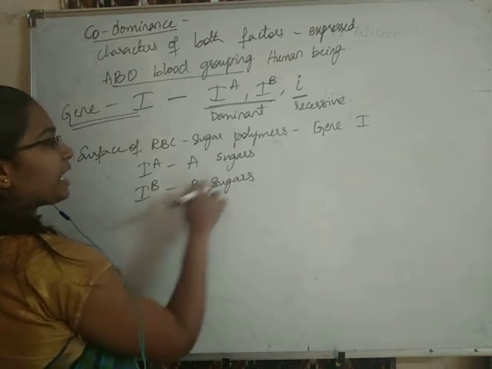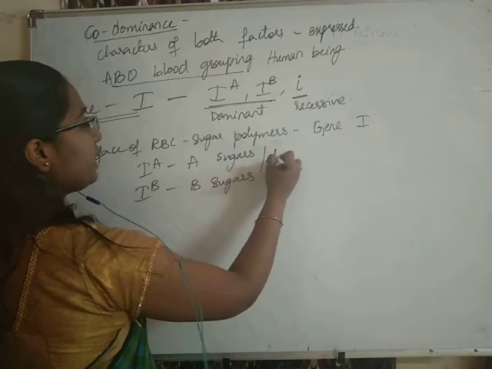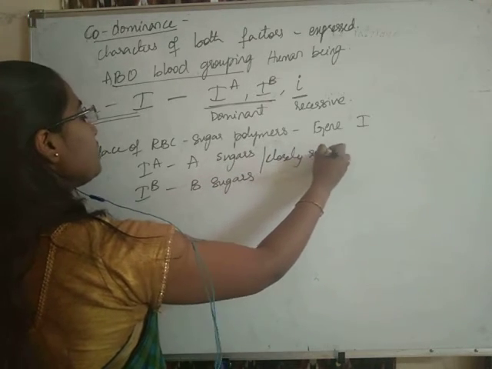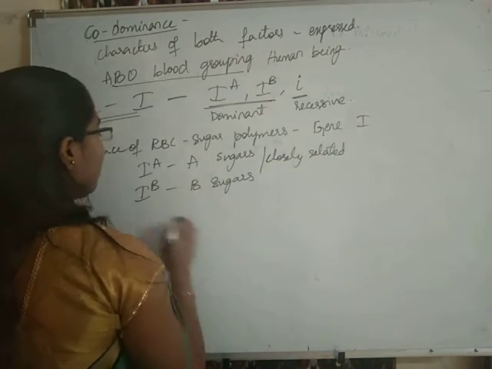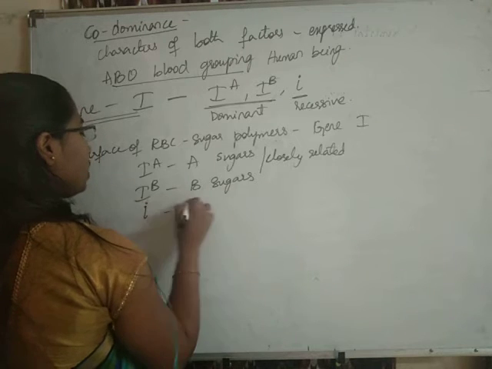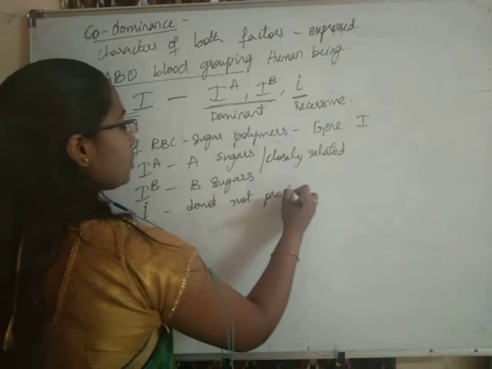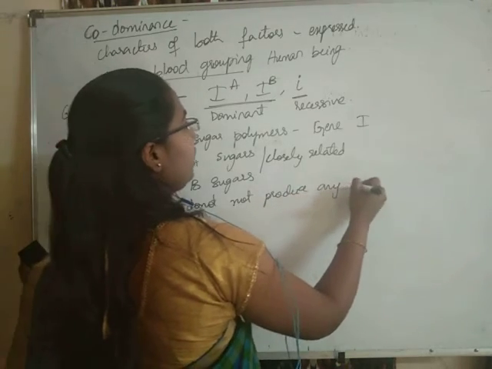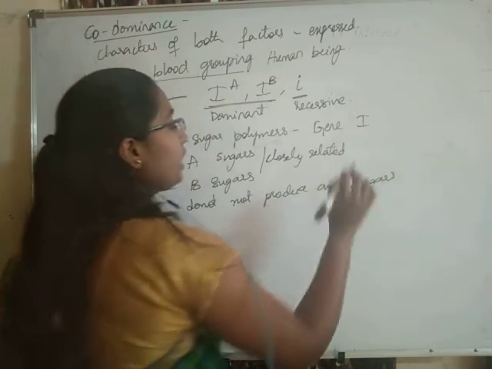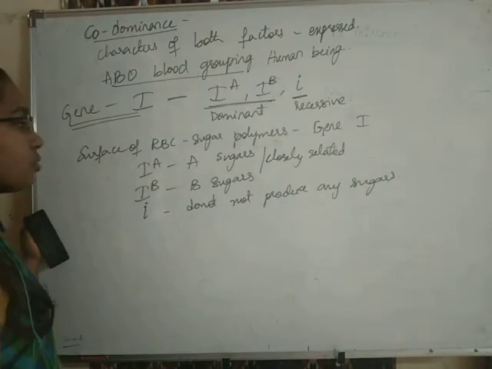A and B type of sugars are closely related. But gene i does not produce any sugars.